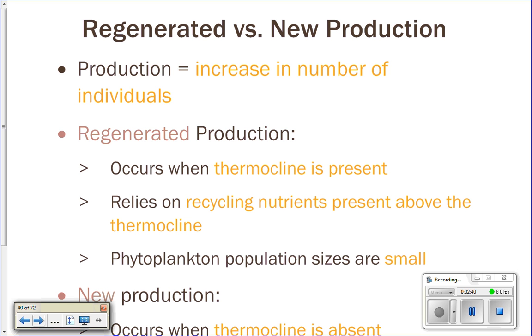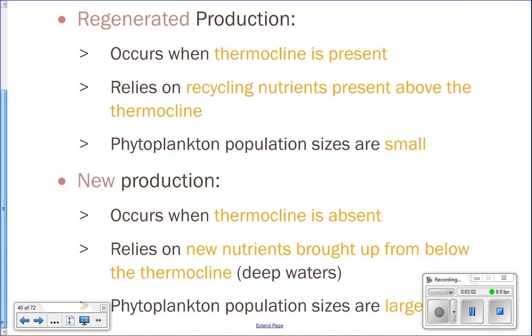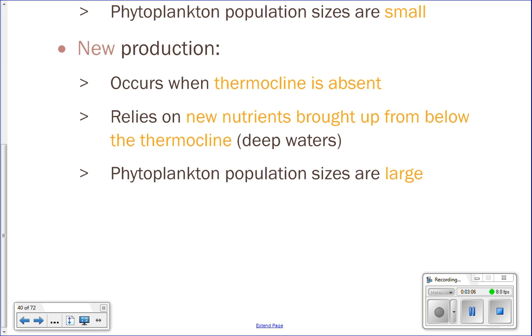So regenerated production just simply relies on the small amount of nutrients that you have above the thermocline. That small amount of nutrients means that there will be small phytoplankton populations, because there's only enough nutrients to support a small population. Okay, so regenerated production relies on nutrients that are already above the thermocline.